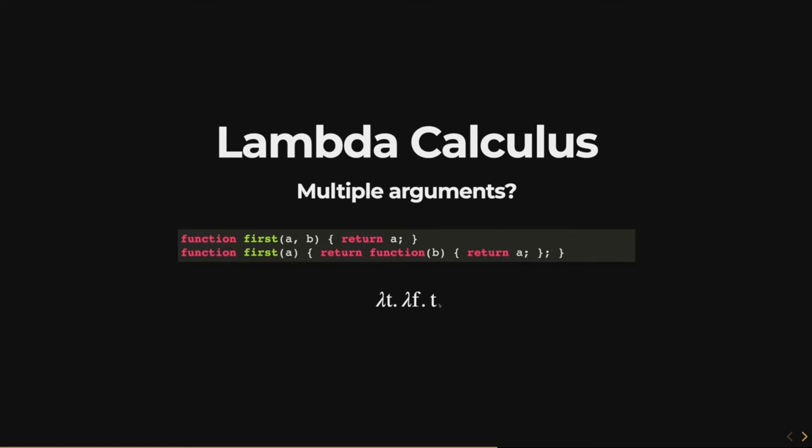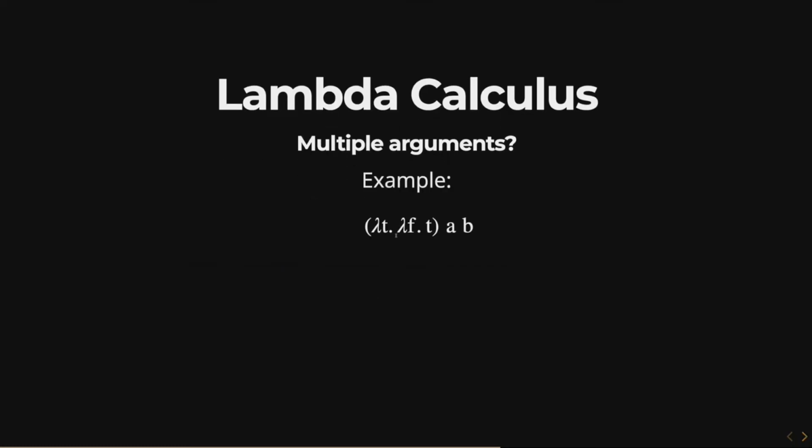And now let's do an example, right? Let's run this. So let's say that this term is here, and then you're applying it to A and B. I'm going to put a little bit of spaces here so that I can put the parentheses in, so that you don't get lost, right? So this is the body of the lambda t here, and this is an application. You first apply to A, right?